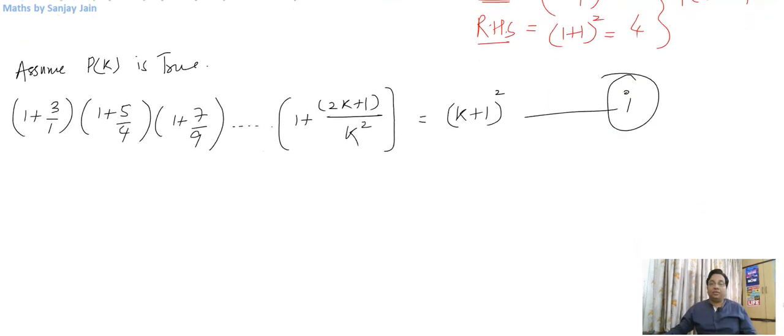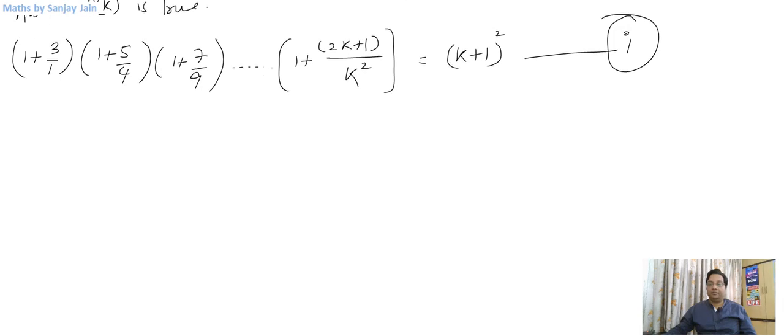Now what I'll look for is I'll prove P of k plus 1 to be true. What is the right hand side of P of k plus 1 that I am looking for? This is not the right hand side exactly. This is what I am looking for. So if I replace k with k plus 1 here, then this entire expression will become k plus 1 plus 1, that is k plus 2.